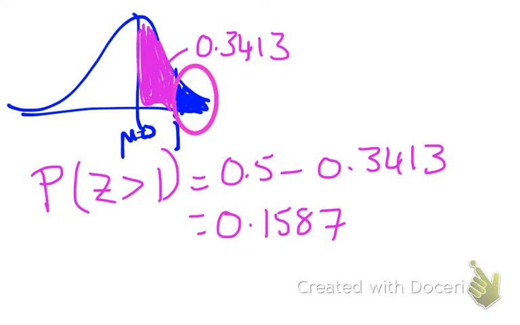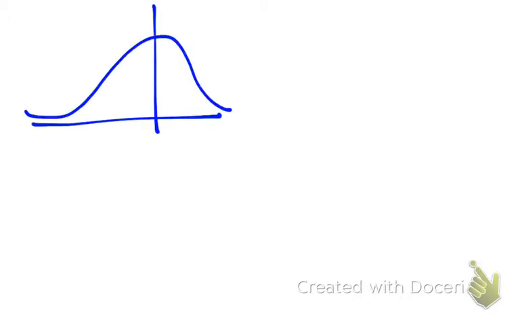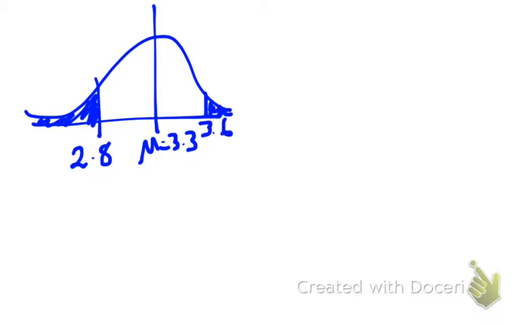So now let's put all of that information together. So remember, what we were trying to find is our backpacks with our mean of 3.3, and we were looking for lower than 2.8, so that area all below, or the area above 3.6 kg.